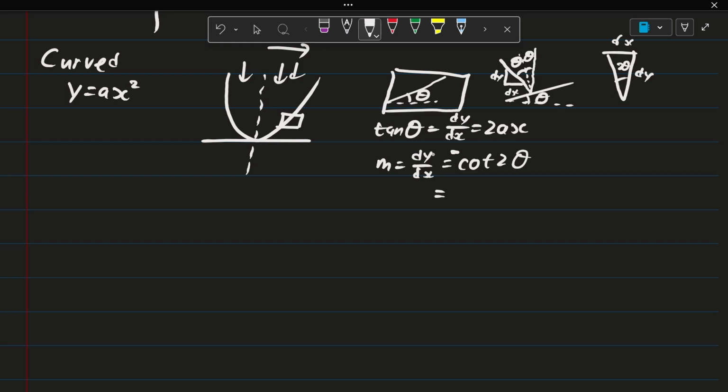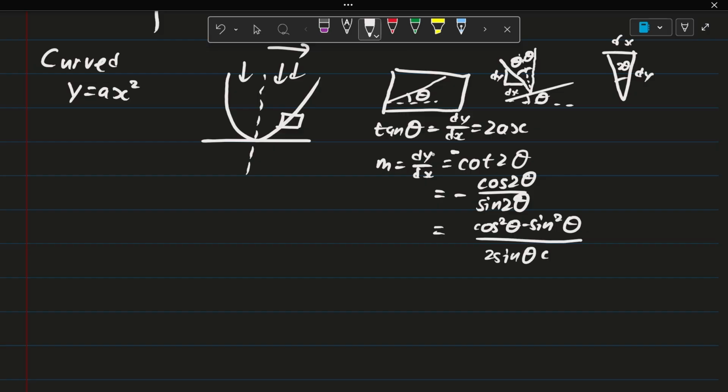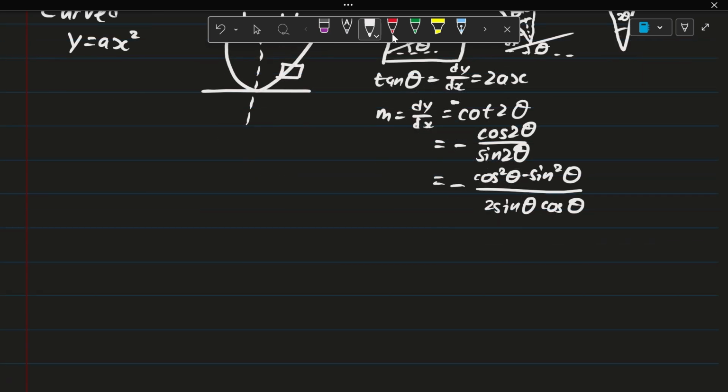So negative cotangent 2 theta is going to be negative cosine 2 theta over sine 2 theta, which means your cosine 2 theta could be expressed as cosine squared theta minus sine squared theta over 2 sine theta cosine theta, negative. So with this equation, we could rewrite them all in terms of tangent theta.